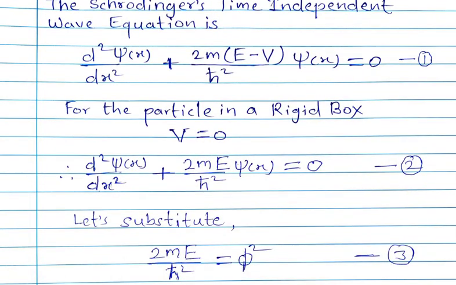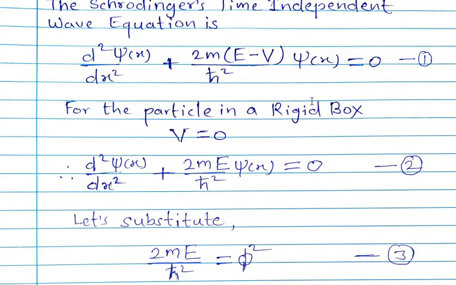The Schrodinger's time independent wave equation can be written as d2 by dx square of psi of x plus 2m times (total energy minus the potential energy) divided by h cross square, times psi of x, equal to 0. So this equation 1 represents the Schrodinger's time independent wave equation.